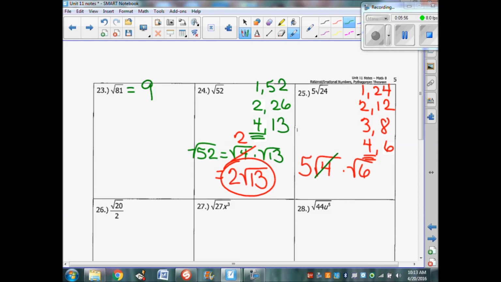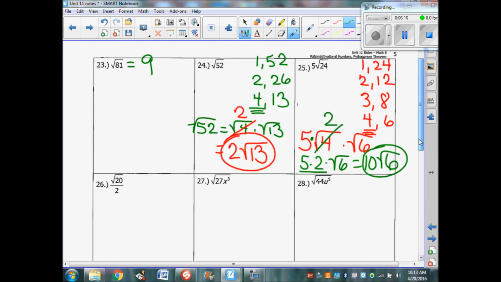So the square root of 4, you know, is 2. Well, what's going on between that 5 and that 2? It's all multiplication. So I'm down to 5 times 2 times the square root of 6. So what is 5 times 2? That's 10. And leave the square root of 6 alone. I can't simplify it anymore.